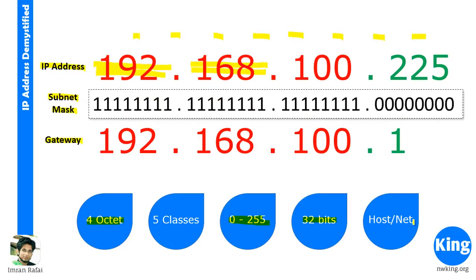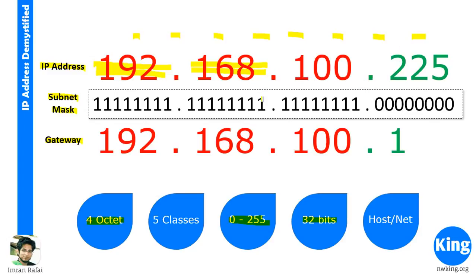Next, we deal with the host and network concept. Every IP address has two pieces of information: a network field and a host field. How do you identify which part of the IP address is the network part and which part is the host part? Well, we do that with the help of the subnet mask.